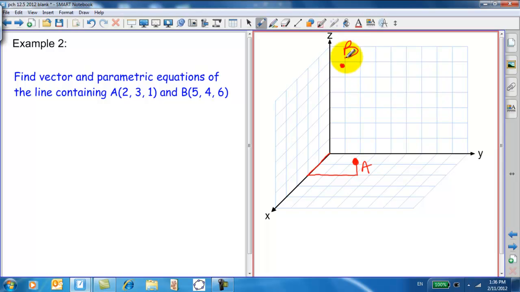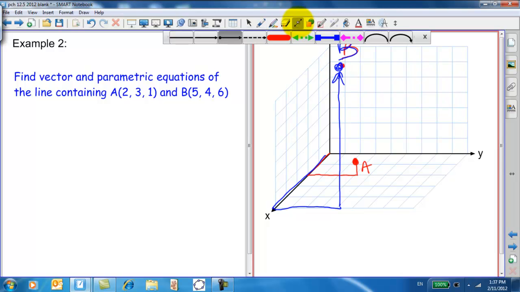So here's B at 5, 4, and then up 6. There's point B. And so we're trying to come up with a line that goes through those.